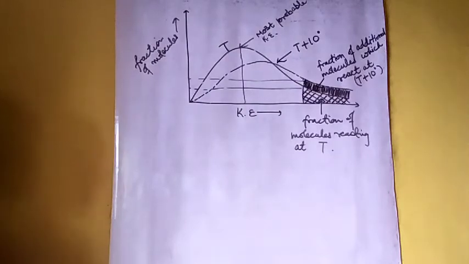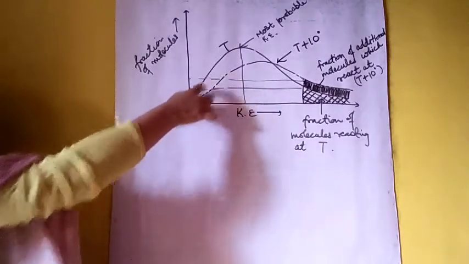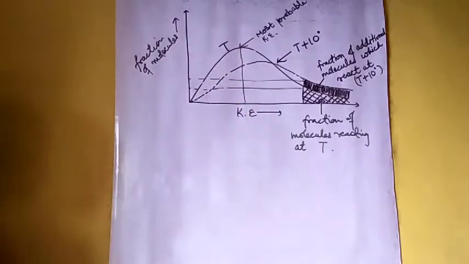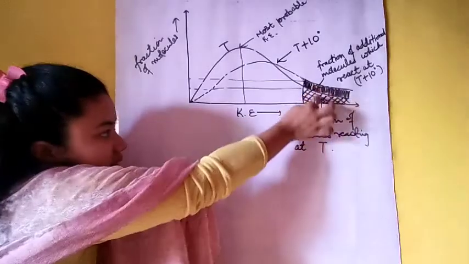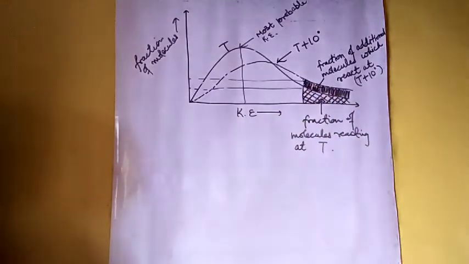Now it is very clear from the diagram that for the curve of T plus 10 degrees Celsius, this area of the molecules having energy greater than the activation energy is doubled. And if this area is doubled, that means the rate of reaction is also doubled. So this is the dependence of temperature on the rate of reaction, right?